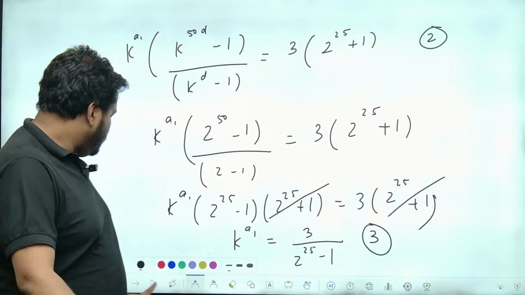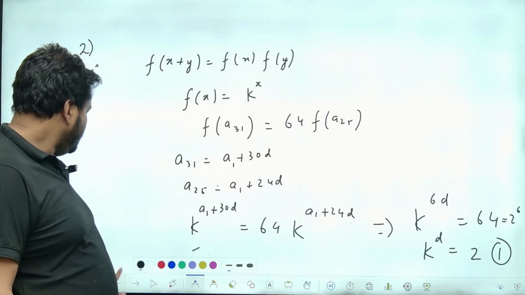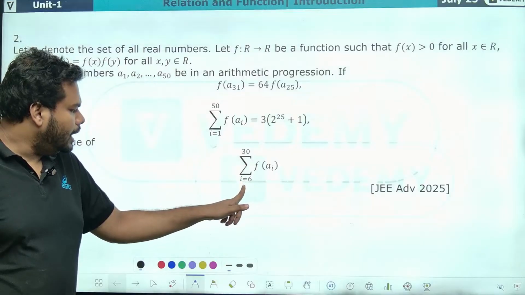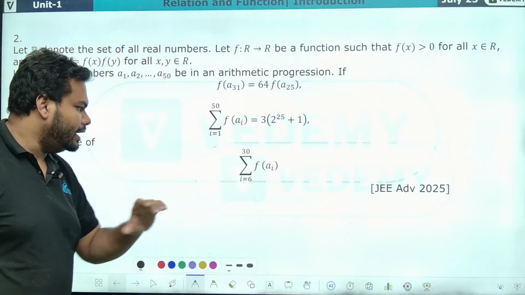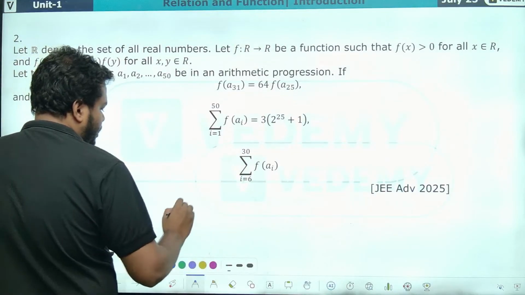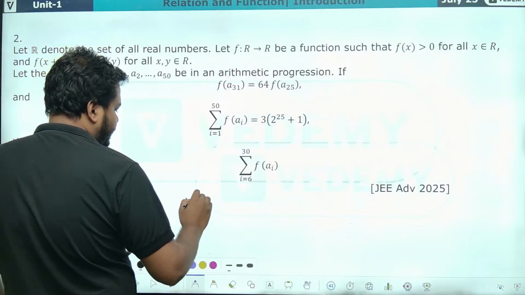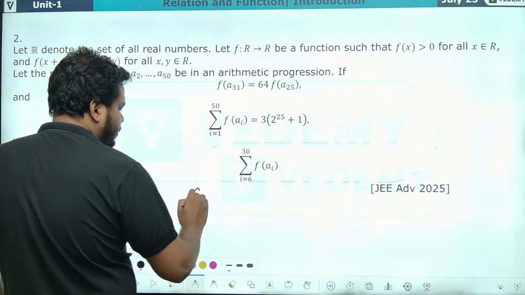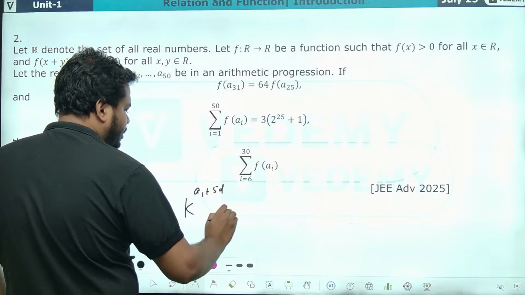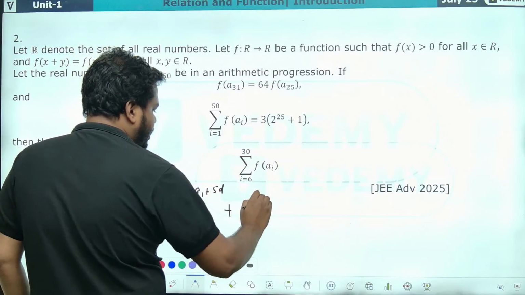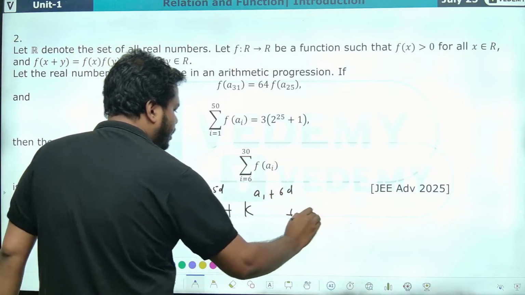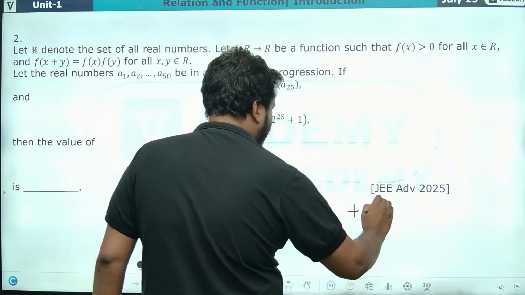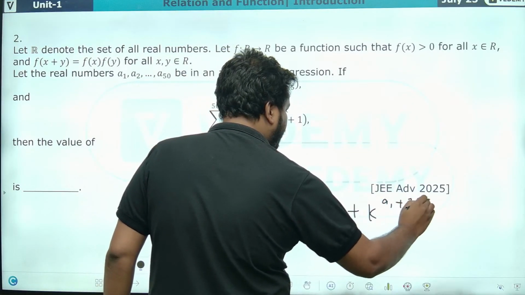Okay. Now, last step. It is asking the sum of FAI for I equal to 6 to 30. What will it be? K power A1 plus 5D plus k power A1 plus 6D plus up to k power A1 plus 29D.